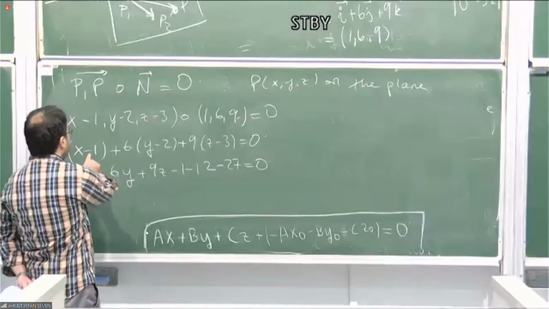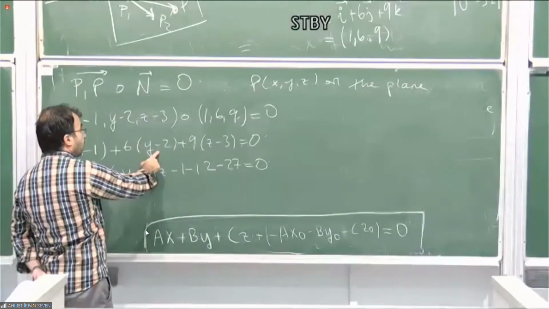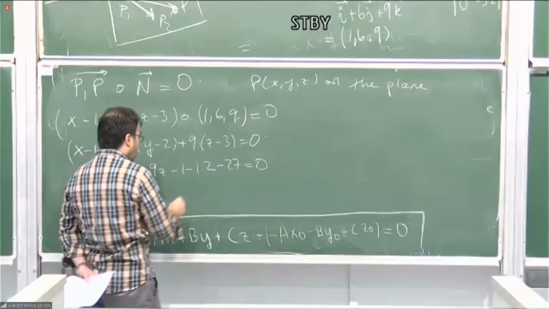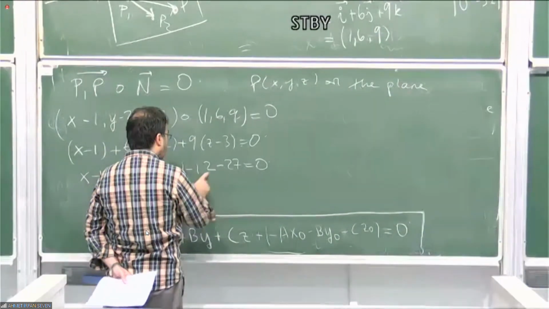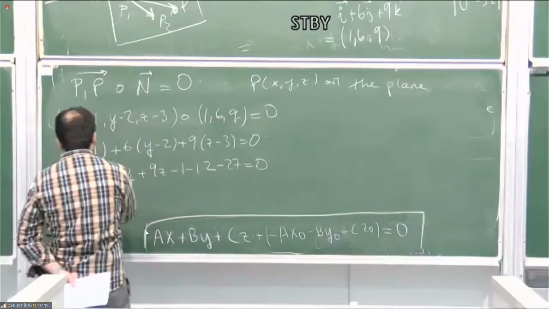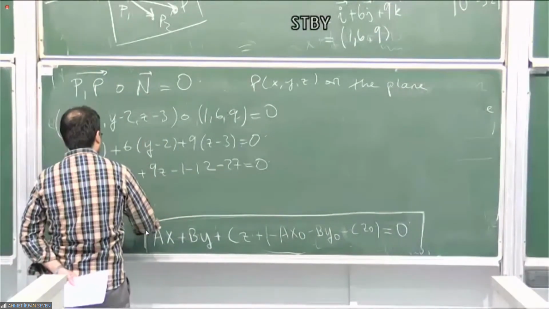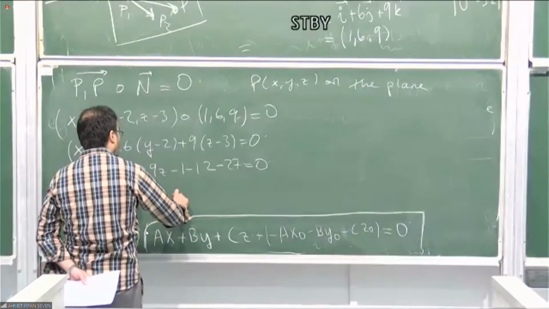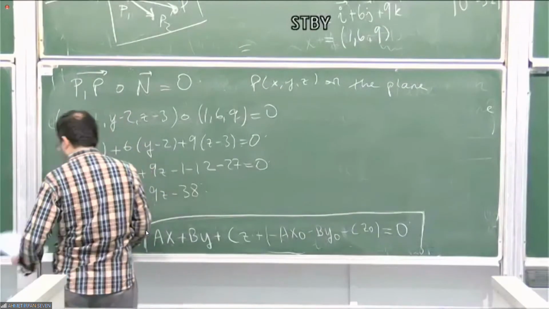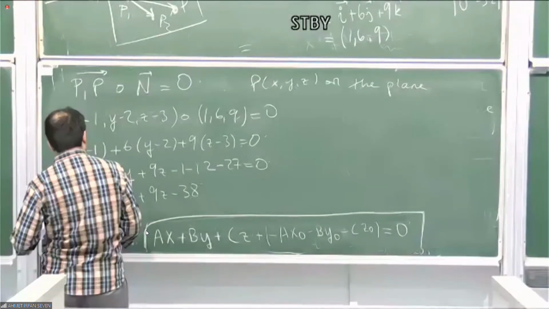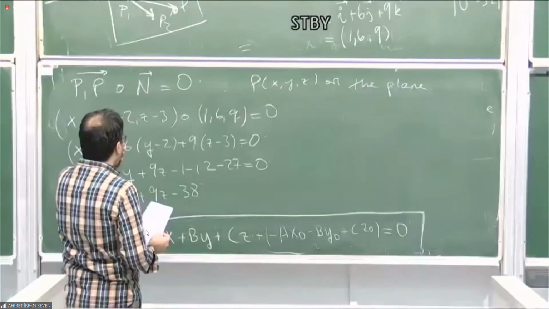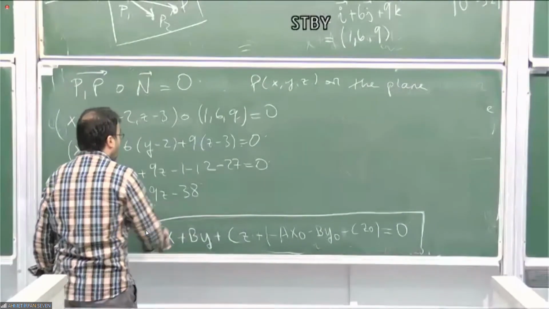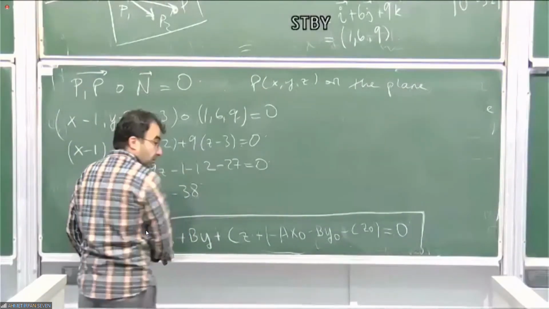So this will be minus 11 minus 38, I guess. 6y plus 9z minus 38 equals 0. Oh, so it must be 40, pardon.